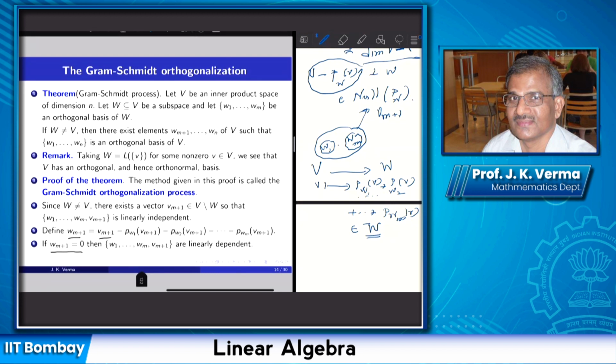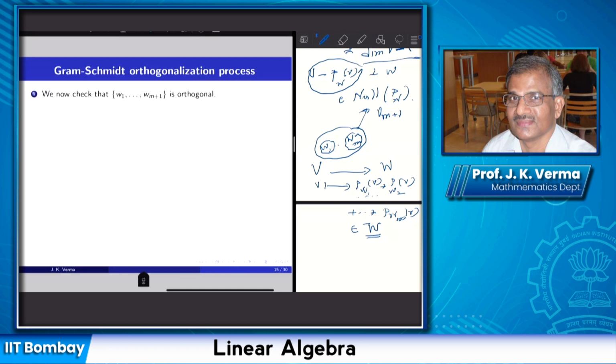Since Vm plus 1 was outside the subspace, I get a non-zero vector. So Wm plus 1 is a non-zero vector. There is this projection inside W, and I have subtracted that vector, and we want to prove that this vector is perpendicular to each of the Wi's. We will check that this is an orthogonal set of vectors.